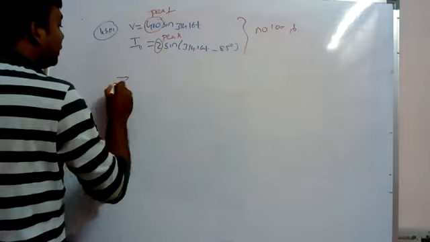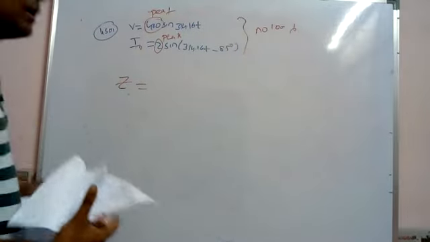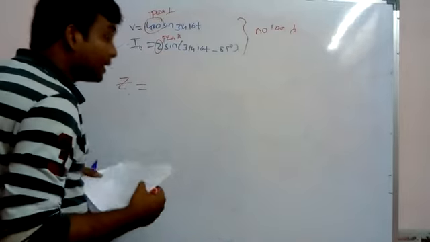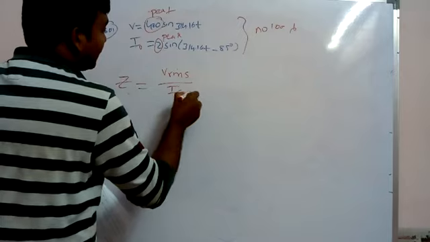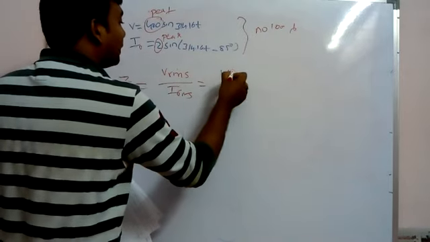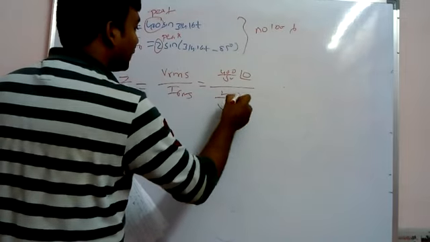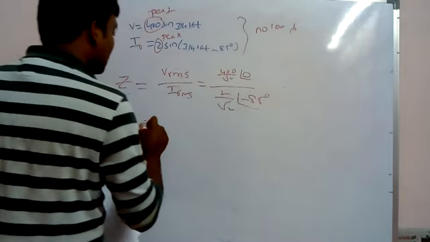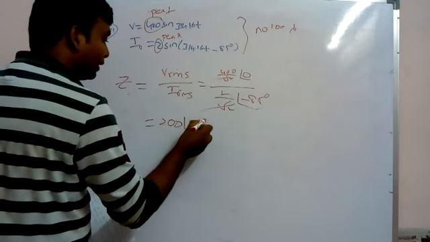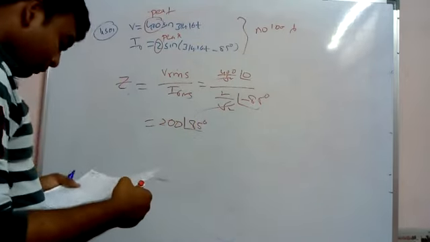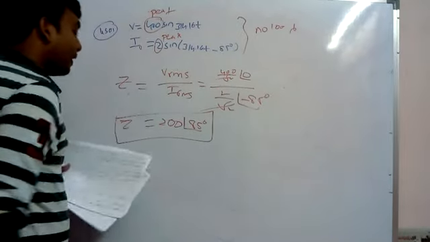Now you convert to impedance Z. Since it is no load, the value of Z implies the magnetizing impedance. Now it is V RMS by I RMS. Take 400 by root 2 at an angle of 0, divided by 2 by root 2 at an angle of minus 85 degrees. When you cancel these, it becomes 200 at an angle of 85 degrees. So the magnetizing branch impedance Z is 200 at an angle of 85 degrees.